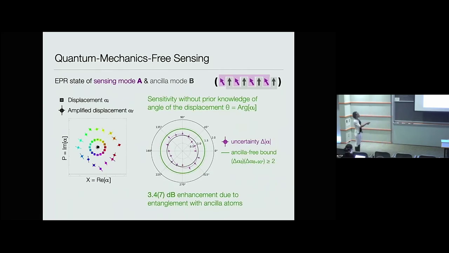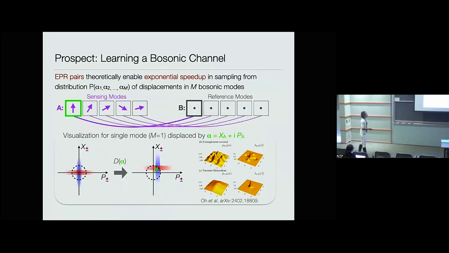So far, this is a single EPR state, which has this funny interleaved structure, which just happens to be how we set this measurement up. But it also becomes interesting if one could do some slightly fancier sequences and have an array of pairs of EPR states. One thing this is a resource for is if you have some kind of fluctuating fields and you want to characterize what probability distribution they are drawn from, or fluctuating displacements in this phase space picture.